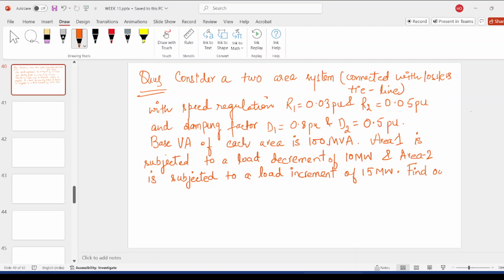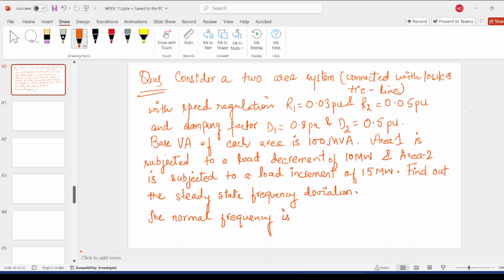Find out the steady state frequency deviation. The normal frequency is 50 Hz. No control action is activated.